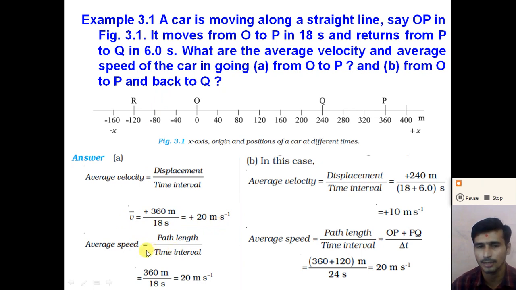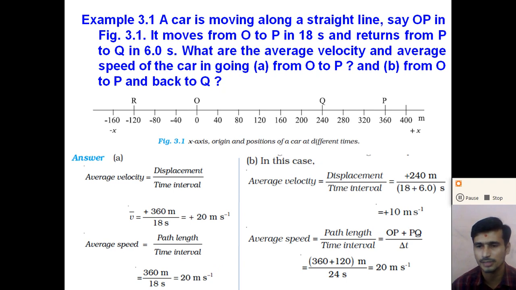How do we calculate the average speed? Average speed is equal to path length divided by time. Here the path length is the total distance, so from O to P the total distance is 360 meters divided by the time, 18 seconds. We get 20 meters per second. So in this case, the magnitude of the average velocity and the average speed are the same.